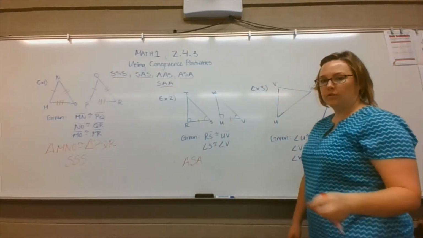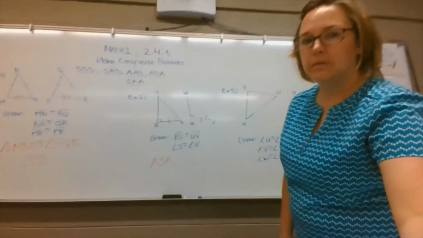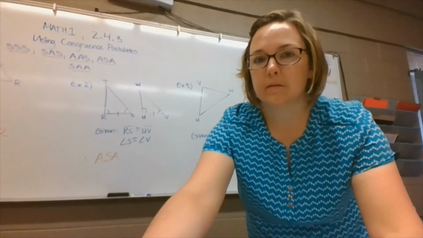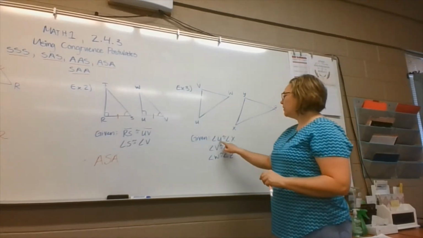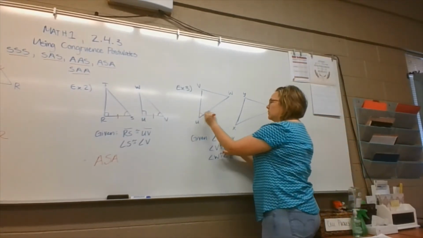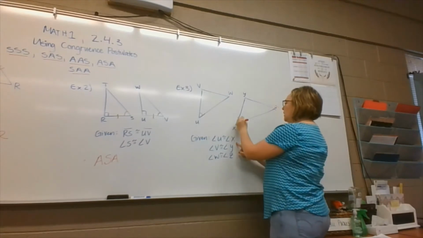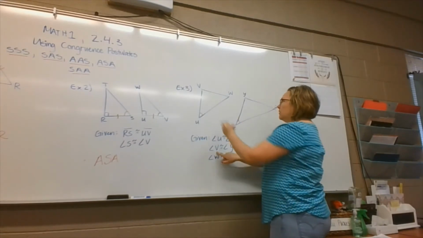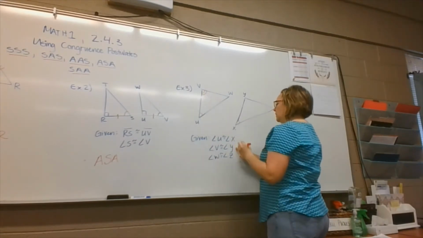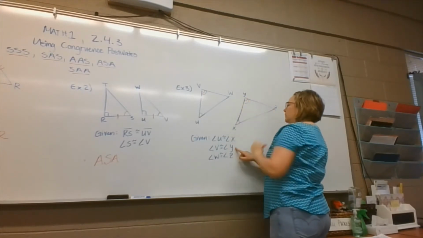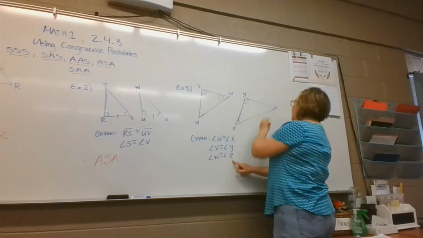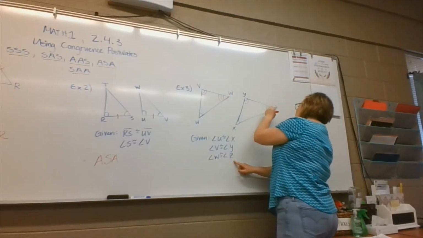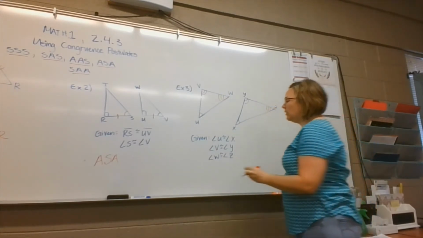Okay, and then in our third example, we are given that angle U is congruent to angle X, angle V is congruent to angle Y, and angle W is congruent to angle Z. So we have three angles.